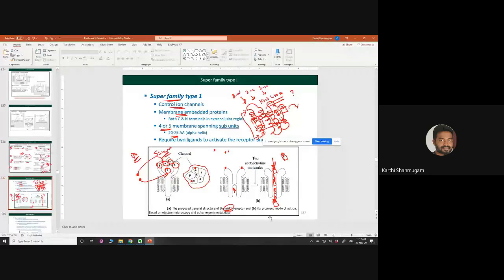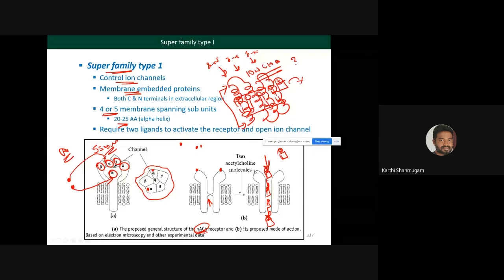So how many ligand molecules are needed for activating the acetylcholine receptor? Two, sir. Okay, two.